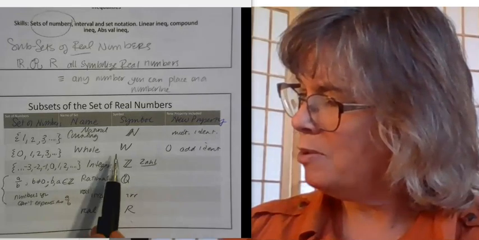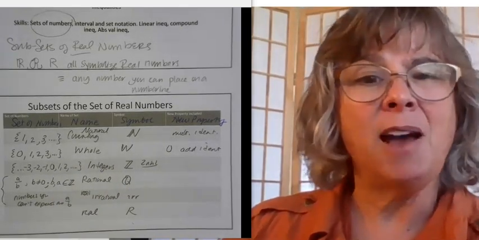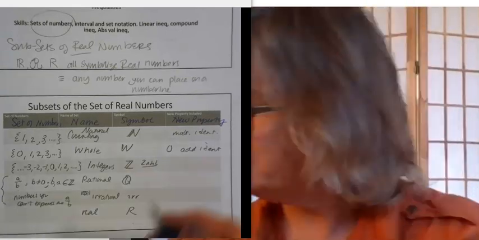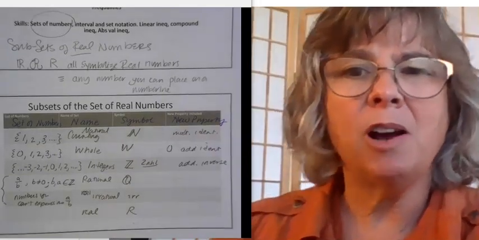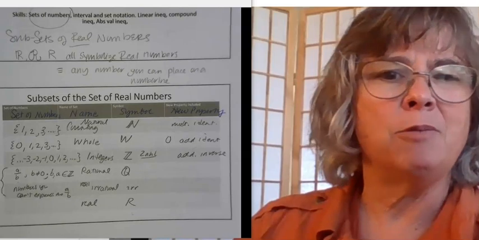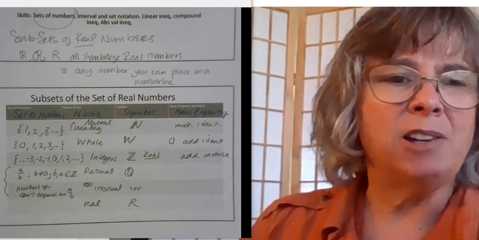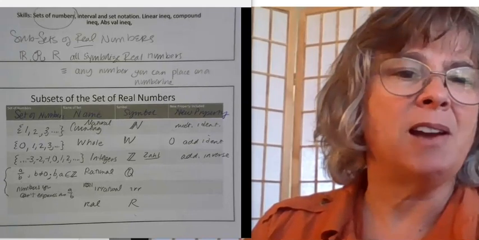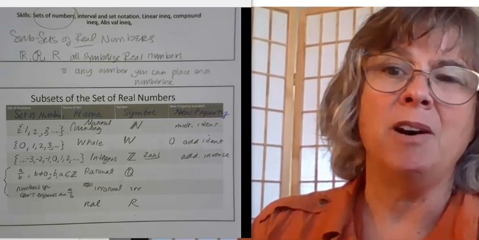When I moved from whole numbers to integers, when I included those negative numbers, I now have an additive inverse. Remember we talked about that in the little inverse section earlier, about halfway through the trimester. So now when I move to rational numbers, a over b, I now have things like 1/5.